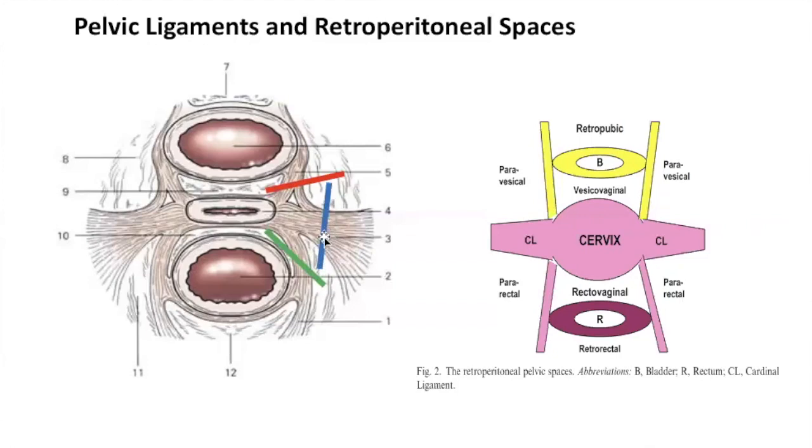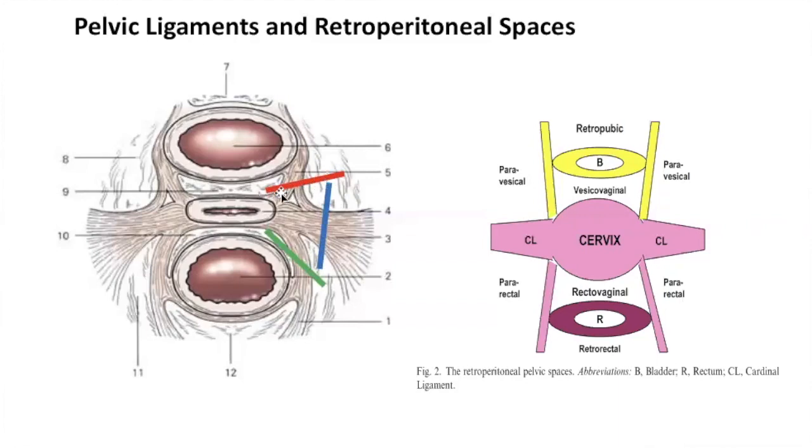The cardinal ligaments, and where they are transected or divided during the surgical procedure, are represented by the blue line, and the vesico-uterine or pubovesical ligaments, and where they are transected or divided during the procedure, are represented by the red line.